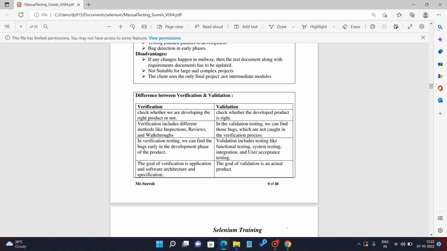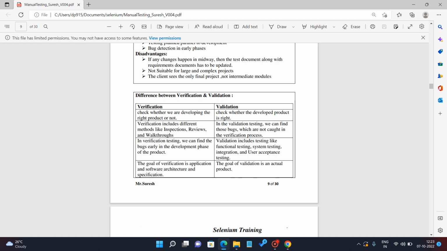Verification and validation mean checking whether we are developing the right product or not. Verification includes different methods like inspections, reviews, and walkthroughs. Validation includes testing like functional testing, system testing, integration testing, and user acceptance testing.